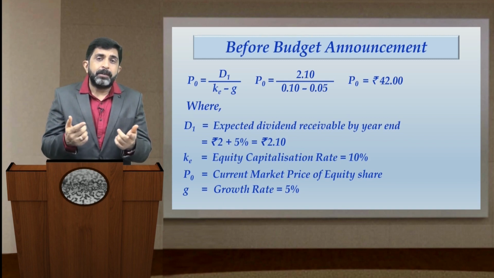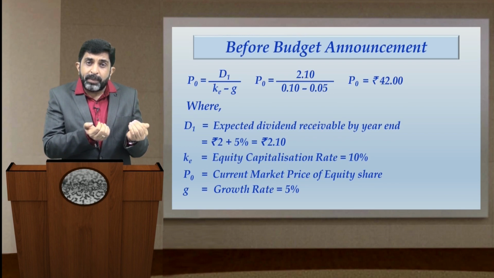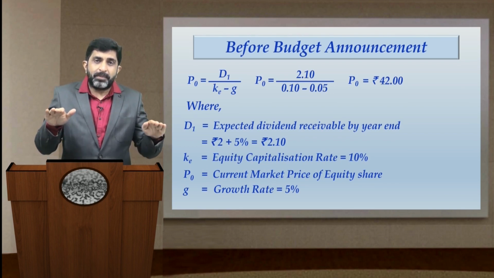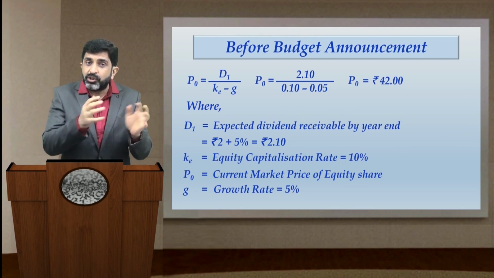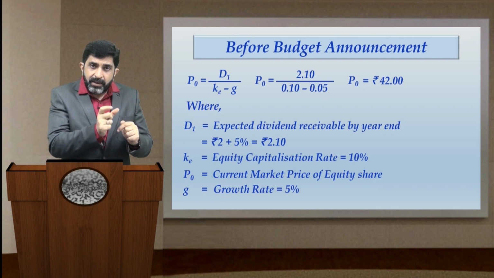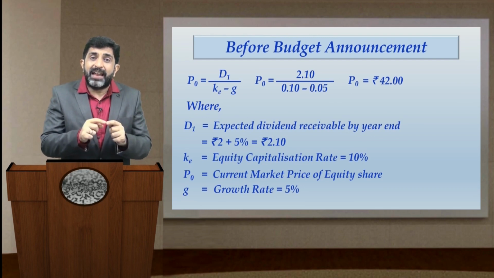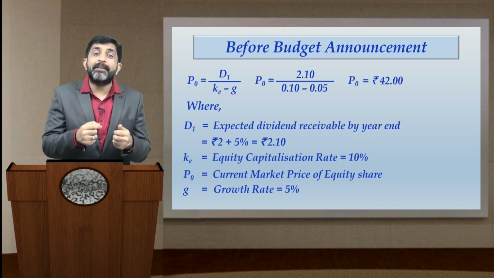Now what will happen? The budget has declared that the dividend which will be received from the company will be exempted from tax. That means there will be no taxation on that dividend. As a result, the dividend will now not be capitalized at 10%. The dividend will now be capitalized at 7%.